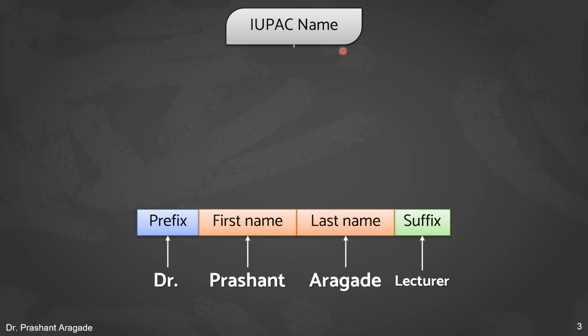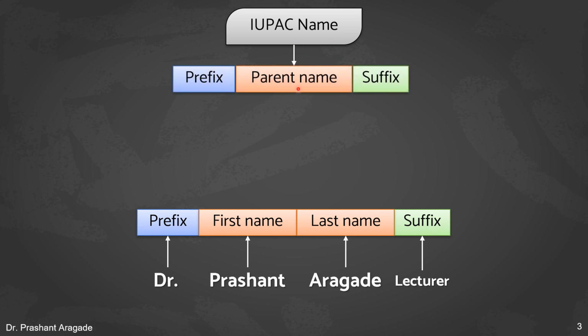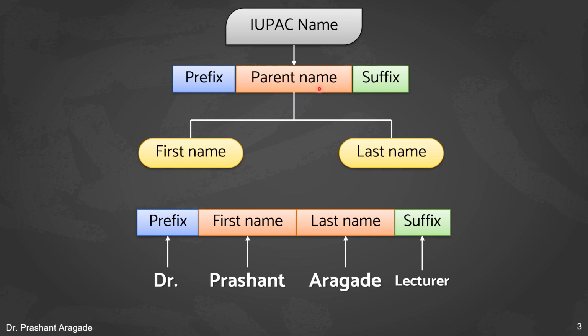Similarly, IUPAC name consists of prefix, parent chain name, and suffix. So this parent chain name is also considered as a combination of first name and last name. So IUPAC name consists of prefix followed by first name followed by last name followed by suffix, just like your name. So both things are very similar if considered their combination.